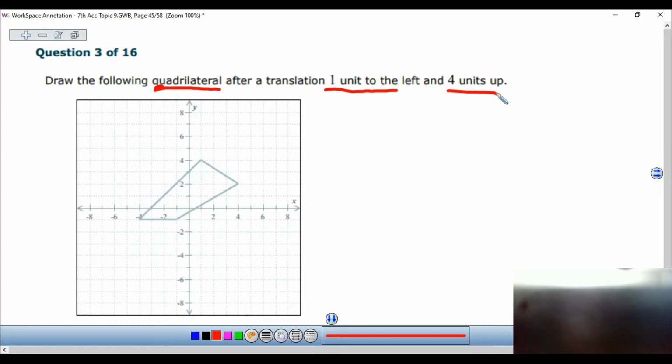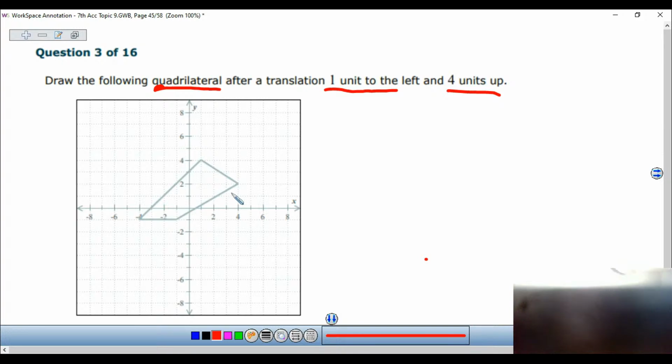Having a connection issue. Give me a second here. All right, here we go.